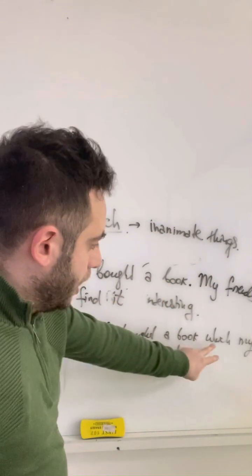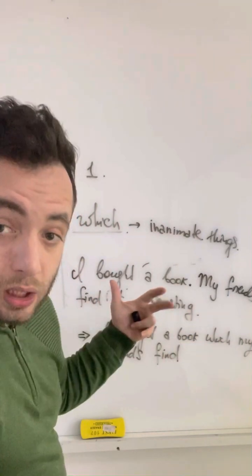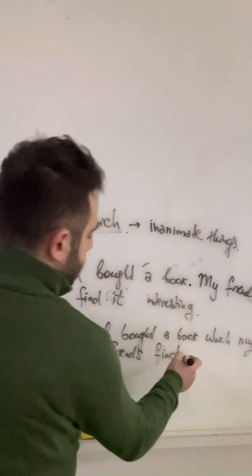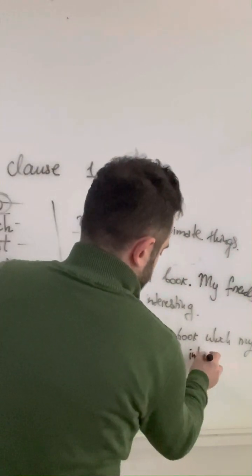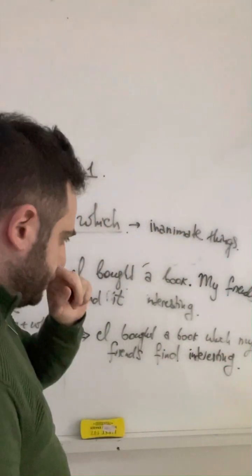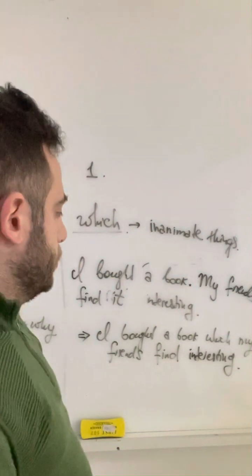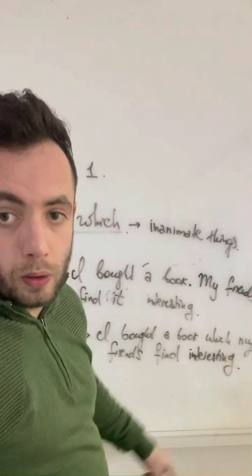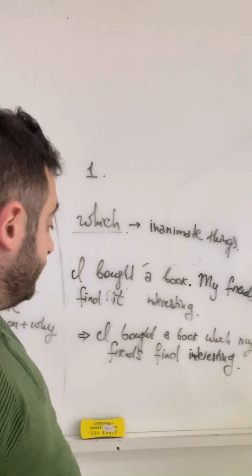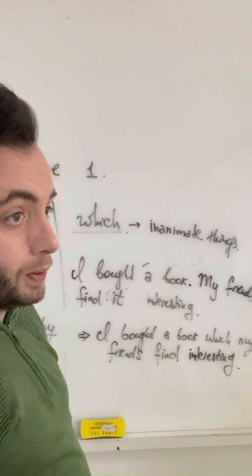The fact is that I used which here, I can't write the same thing, noun and relative pronoun, in the same sentence structure. Find interesting. So of course here I can also remove which. It's also possible. So without which the sentence also makes sense. I bought a book which my friends find interesting, or I bought a book my friends find interesting.